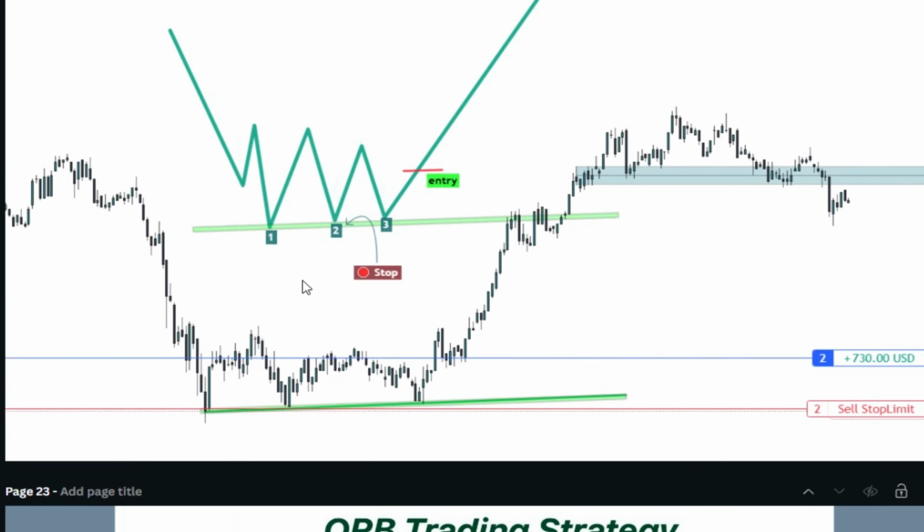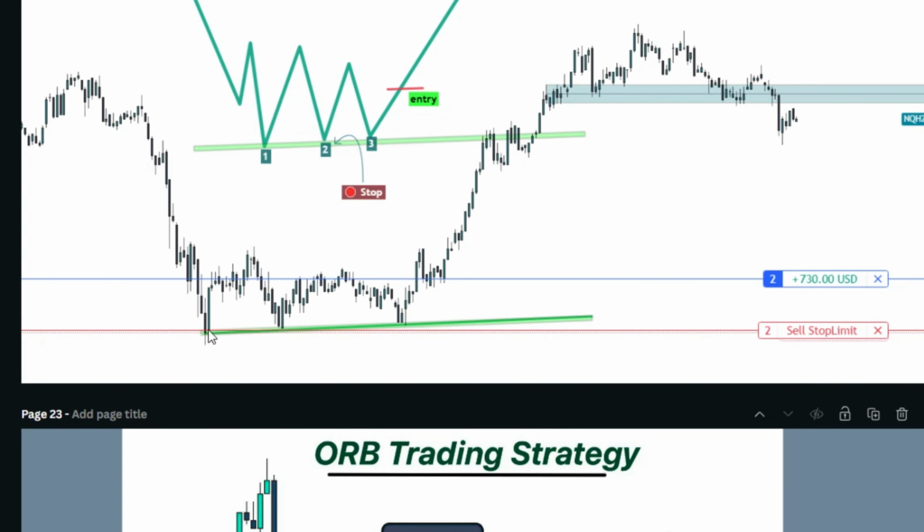So that's why this setup works so well, because you have a move down, a retracement, you get a move down, which is expansion downward. So that's your expansion, and then consolidation, then you get a reversal, and then a retracement, short-term consolidation, and then back up.